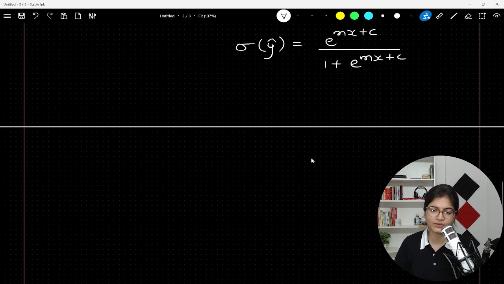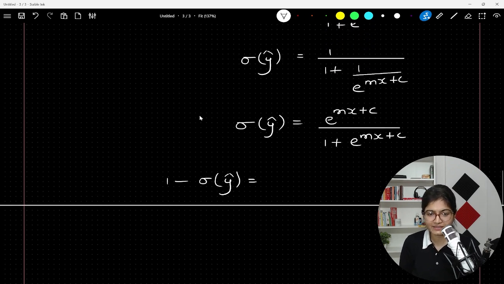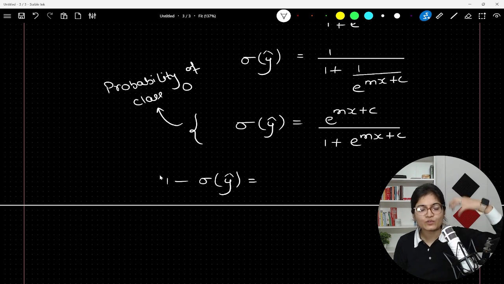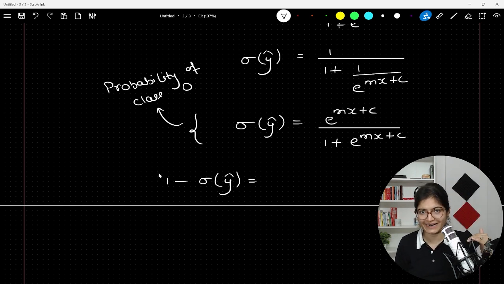Now, you can also find 1 minus the sigmoid function of y cap. Why? Because let's say this is the probability of one class, let's say class 0. Obviously the class 1 probability is 1 minus that particular value, right? Do you agree with me? Because you know that the addition of all the probabilities will always be equal to 1.